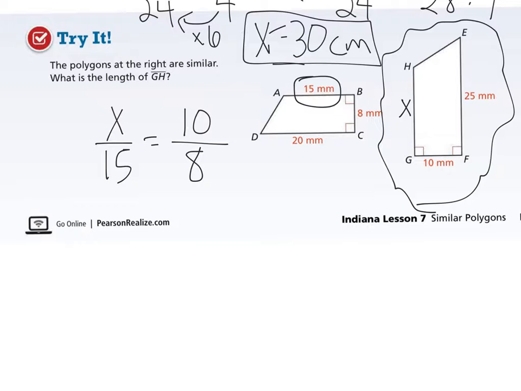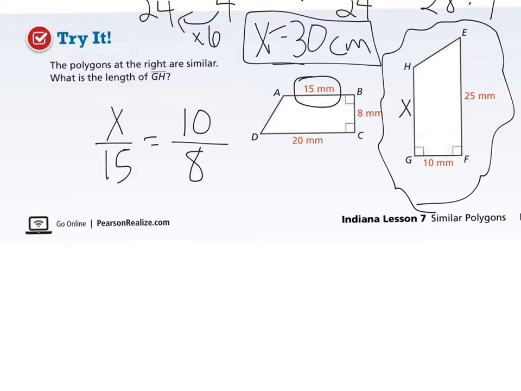Now, on this problem, I could reduce the 10/8. Even by reducing, the pattern's not going to be there. What we can do, though, talking about solving equations we've done before, if you look at the variable is being divided by 15, we talked about solving by doing the opposite operation.